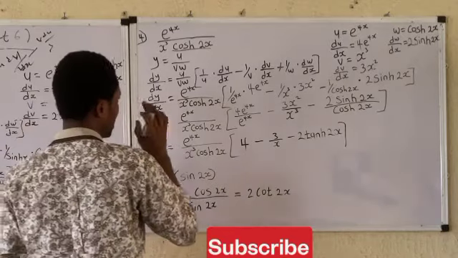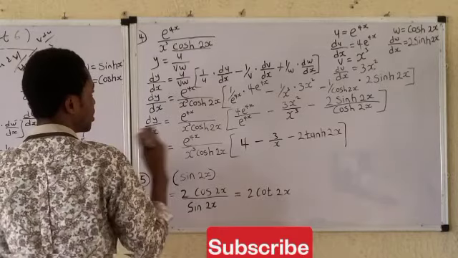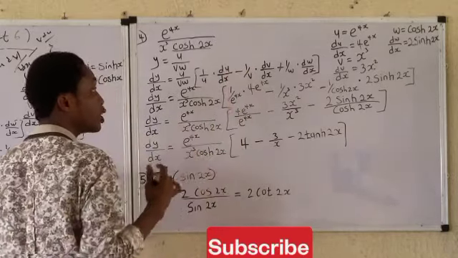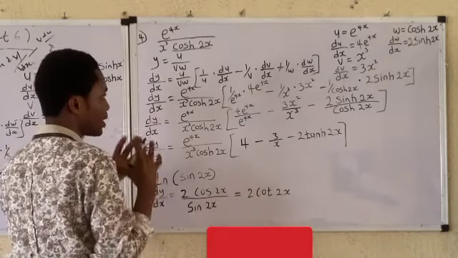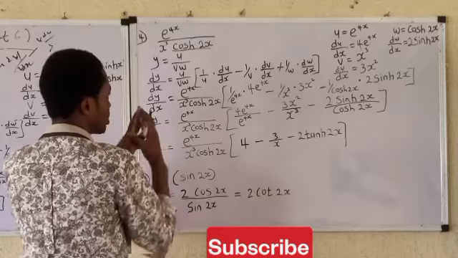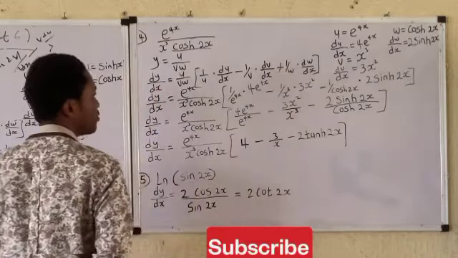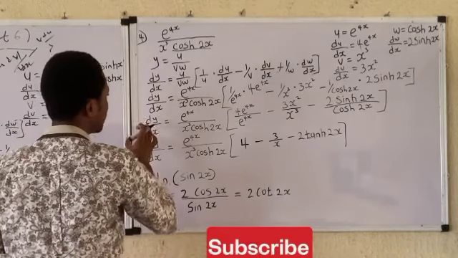I remember I told you earlier that when a function is divided by another function, we use the negative sign in the logarithm, while when a function is multiplied with another function, we use the positive sign. Now, I hope that is noted.